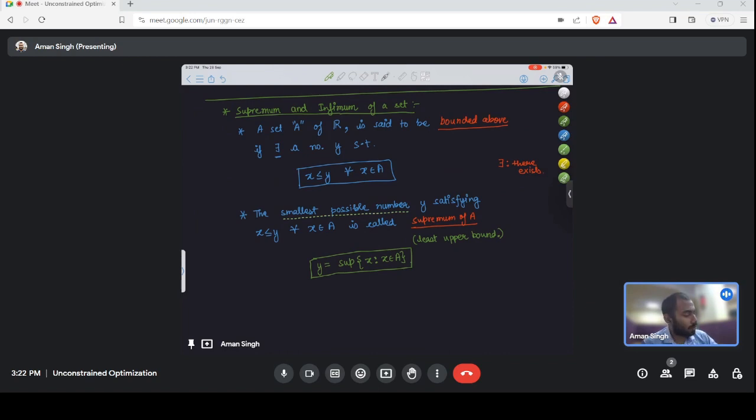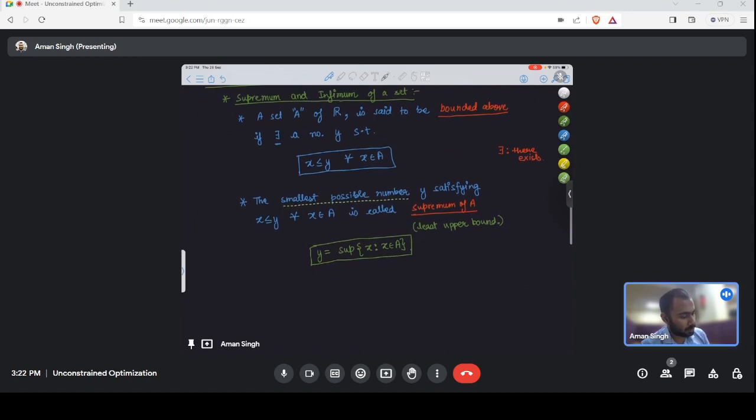Similarly, we can define what is the infimum of A. Based on these two definitions, it's fairly obvious.